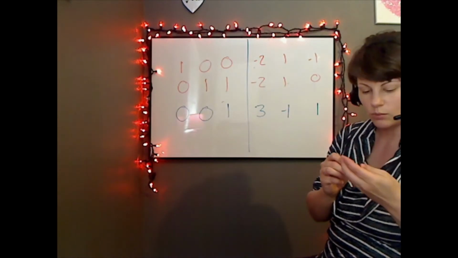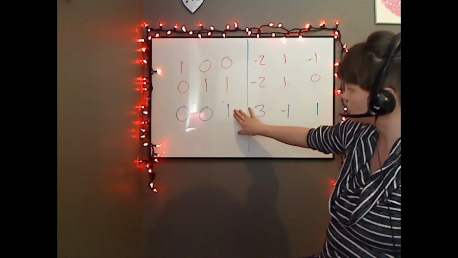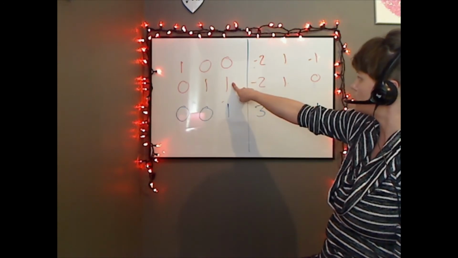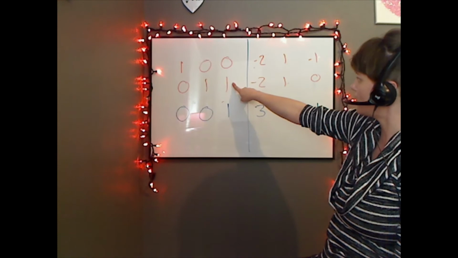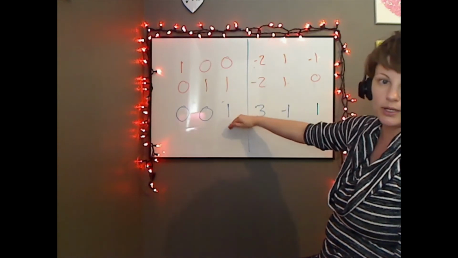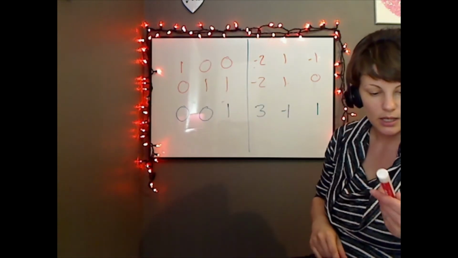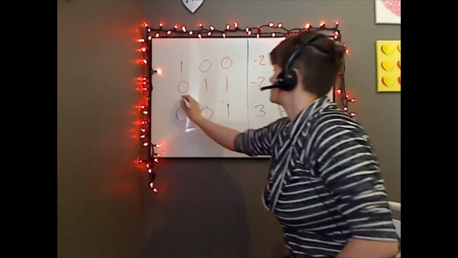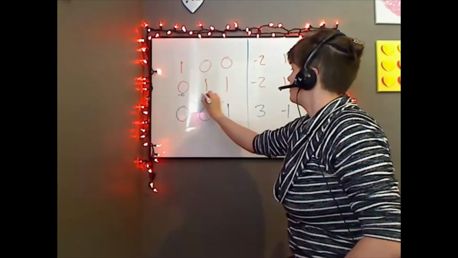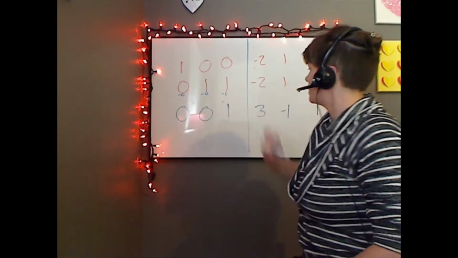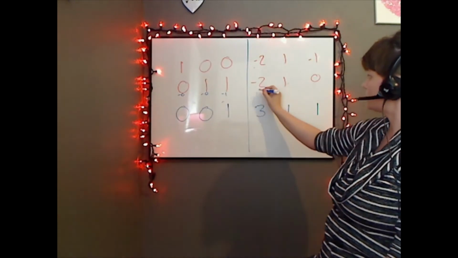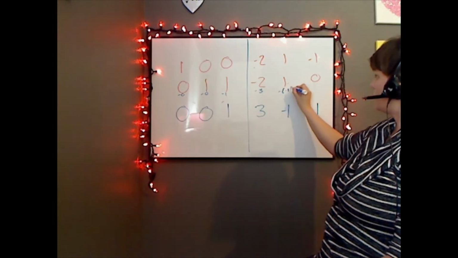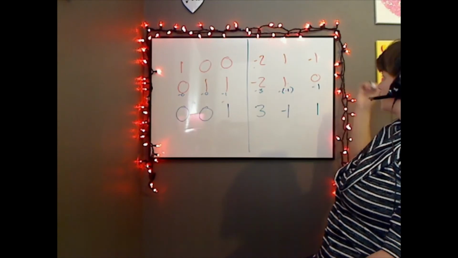I'm nearly home. All I have to do now is change this one into a 0. How can I do that? I could subtract row 3 from row 2. So let's use blue. Okay, so row 3, so minus 0, minus 0, minus 1. Now do the same thing up here, minus 3, minus negative 1, and minus 1.